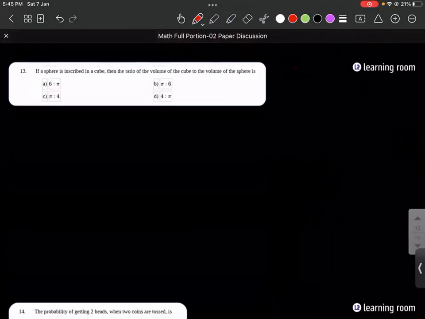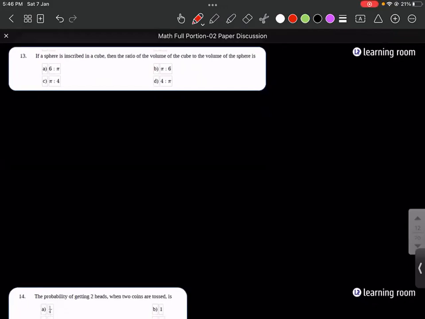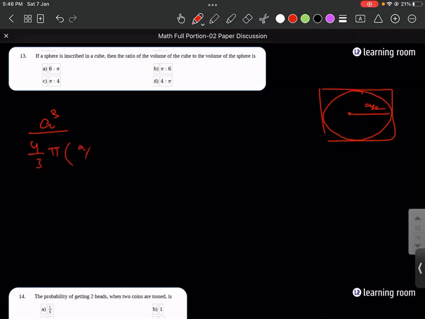Okay. So if the sphere is inscribed in a cube, then the ratio of the volume of the cube to the volume of the sphere. Volume of the cube is a cube divided by the volume of the sphere. If a sphere is inscribed in a cube, what will be the radius of the sphere? It will be a by 2. So it will be 4 by 3 pi into a by 2 the whole cube. Am I right?